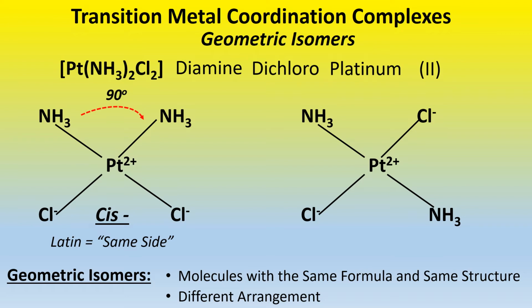The second isomer is called the trans isomer. So that would be trans diamine dichloroplatinum 2, where trans is Latin for across. To get from one ammonia to the other one, you have to go across the platinum. To get from one chloride ion to the other, you have to go across the platinum ion.